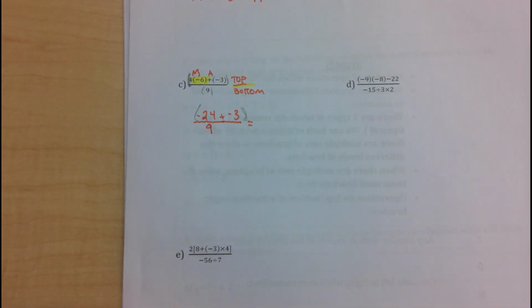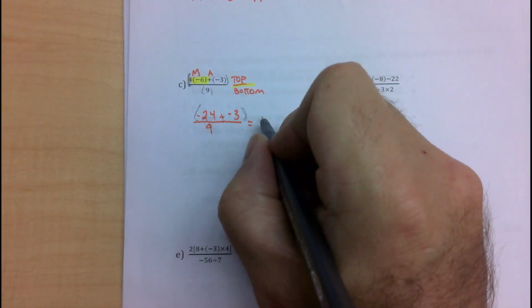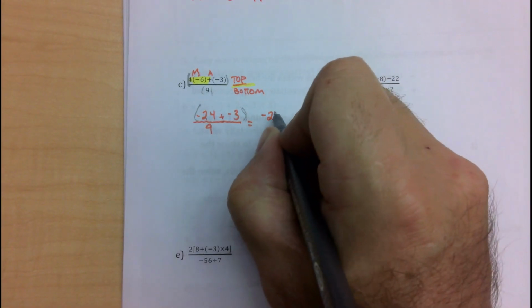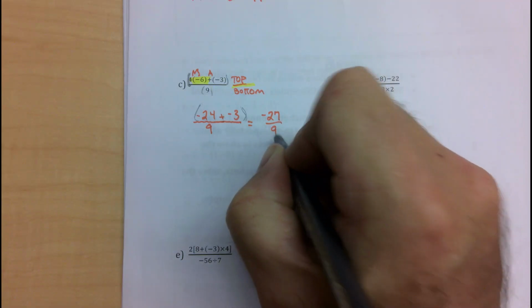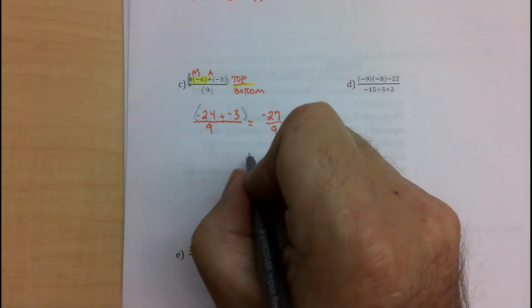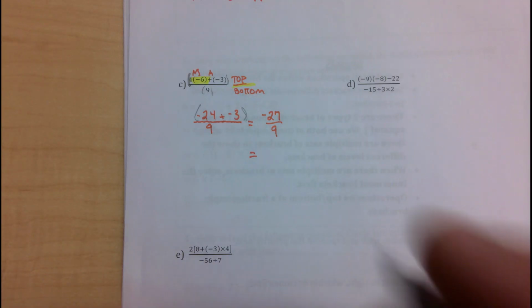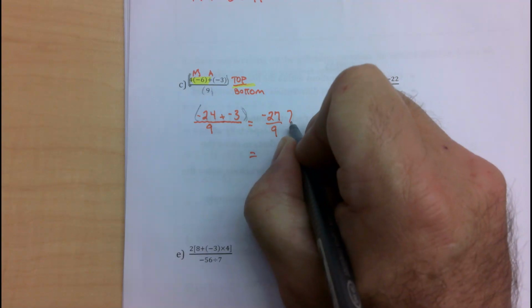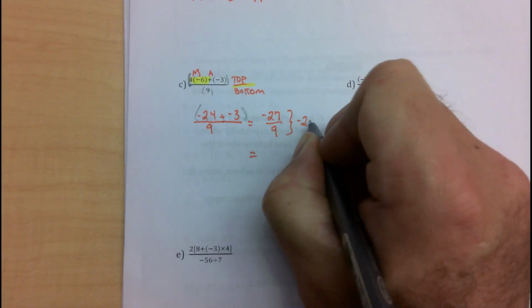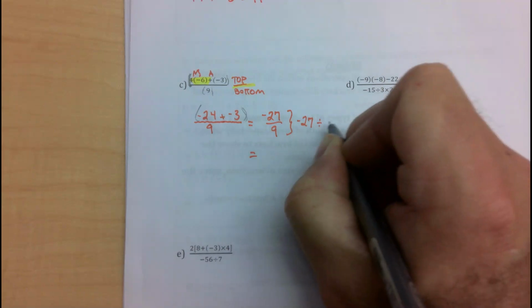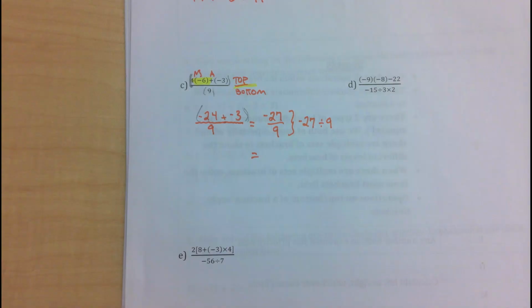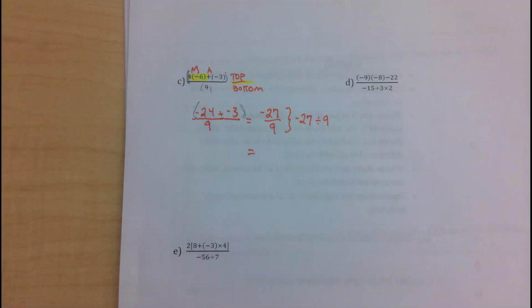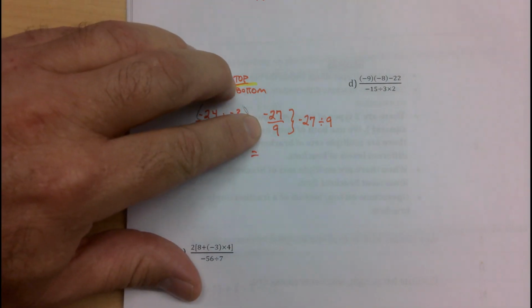So this is situation B, by the way, referring to the other worksheet. A negative plus a negative just makes a bigger negative. That's negative 27 over 9. Negative 27 divided by 9, so that's equivalent. What are fractions? Fractions is division. If you prefer to write it this way, you can. I would encourage you to just accept fractions.